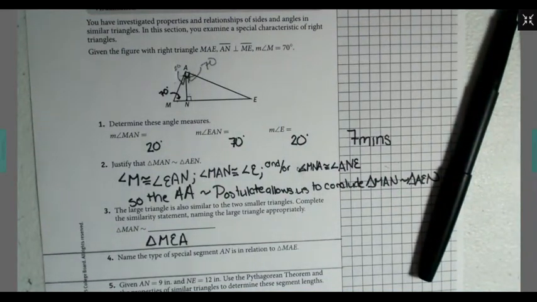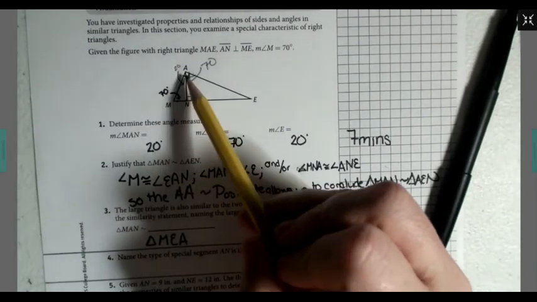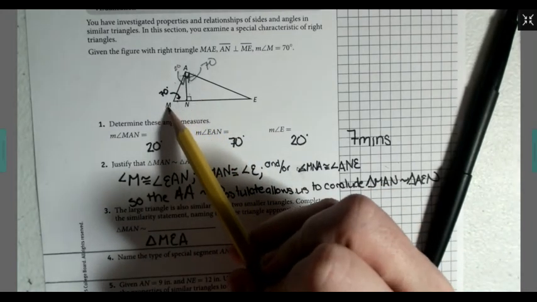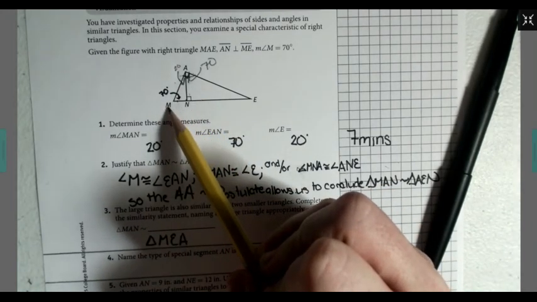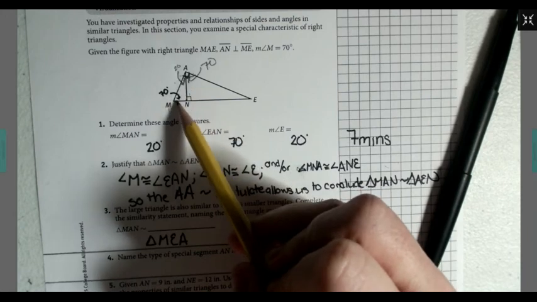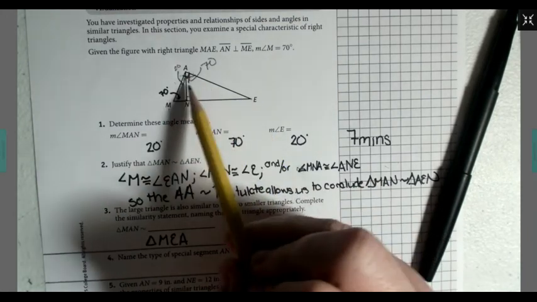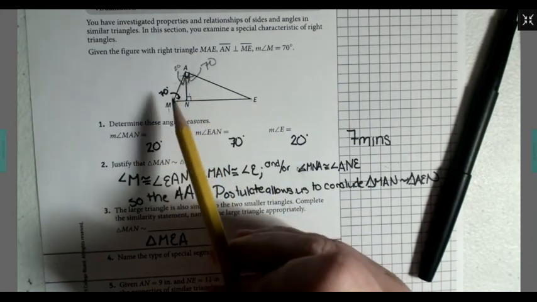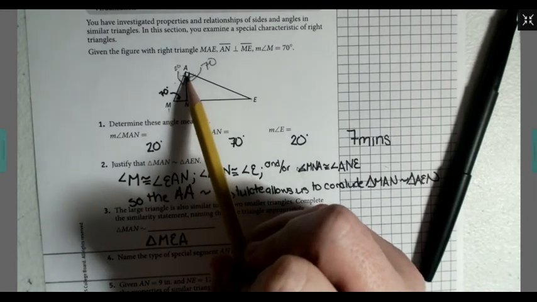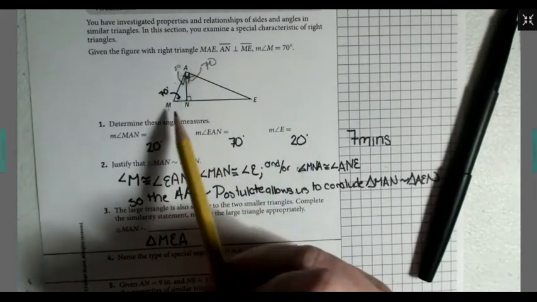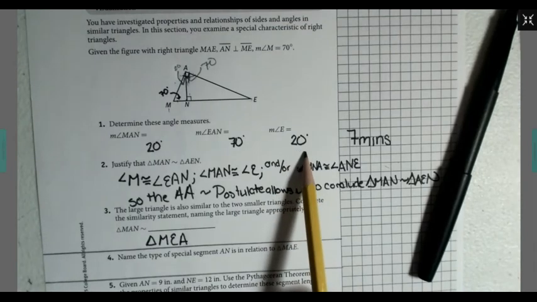And lastly, it says the measure of angle E. Well, looking at the large triangle, we have MAE, measure of M is 70, measure of MAE is 90, 70 plus 90 is 160, the big triangle should equal 180, so that would make measure of angle E 20.